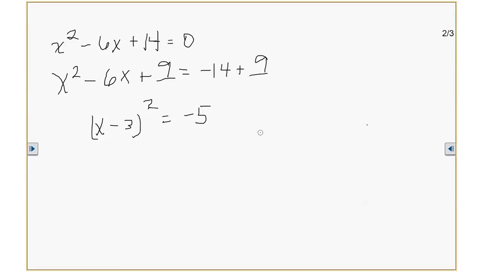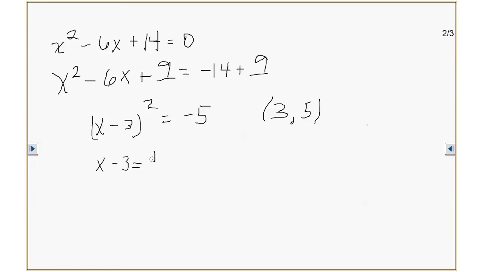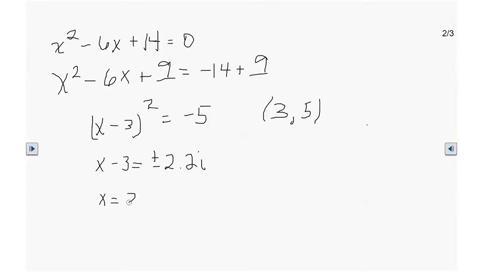The square root of 5 is 2.2. So x minus 3 is equal to positive or negative 2.2i. The vertex is 3, 5. Your most simplified answer, even though you know there's no x-intercepts, is 3 plus or minus 2.2i.